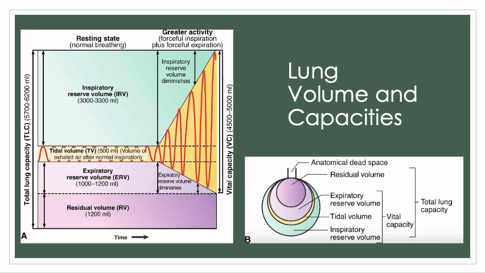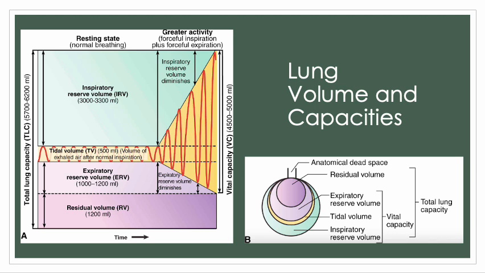The expiratory reserve volume is the maximum volume of air expired from resting end expiratory level. A tidal volume is the volume of air inspired and expired with each breath during normal quiet breathing, or not forceful breathing. The inspiratory reserve volume is the maximum volume of air inspired from the resting end inspiratory level.